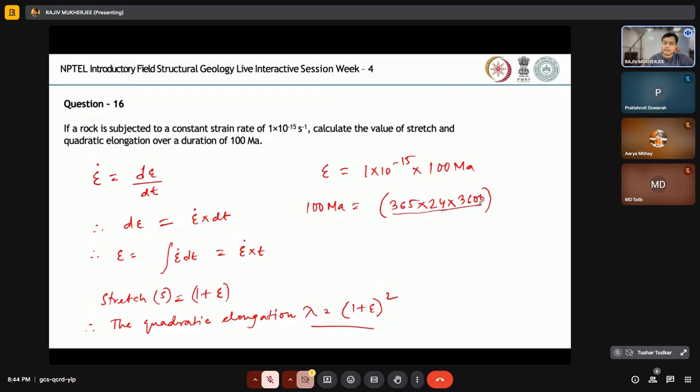This is the amount of seconds per year, and 1 million years is 10 to the power 6, so times 100 means 365 times 24 times 3600, raised to the power 8, is the duration of 100 million years. If we calculate it, it is nearly about 9.78 times 10 to the power 59.